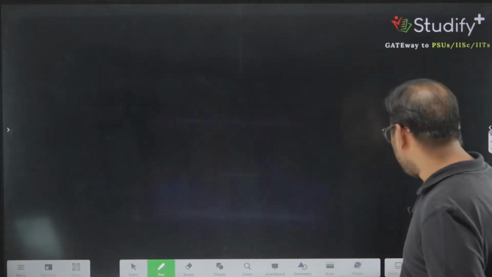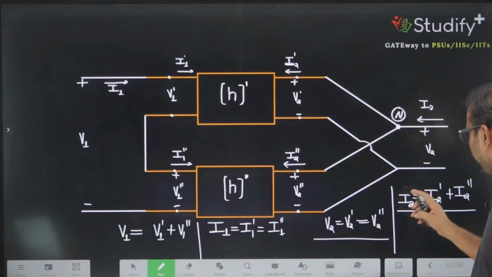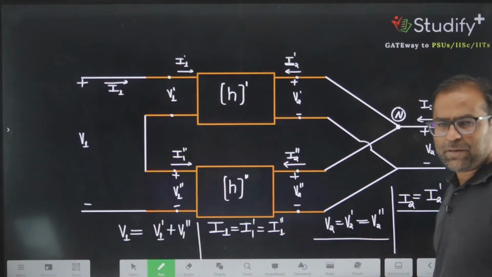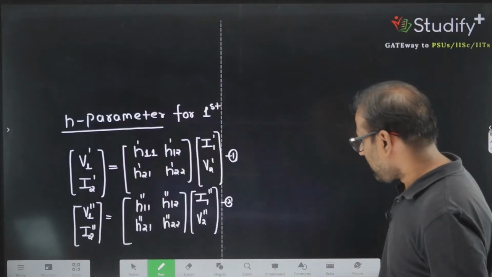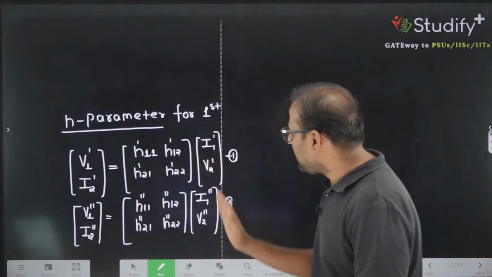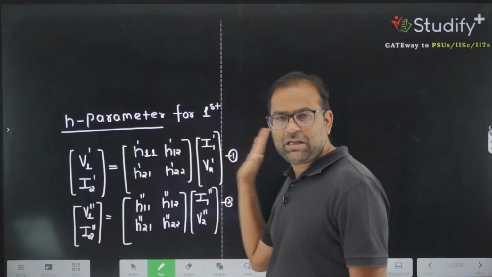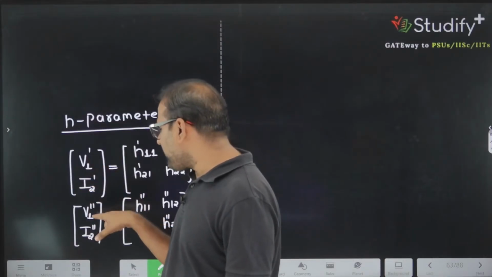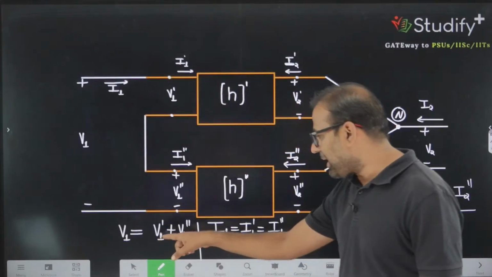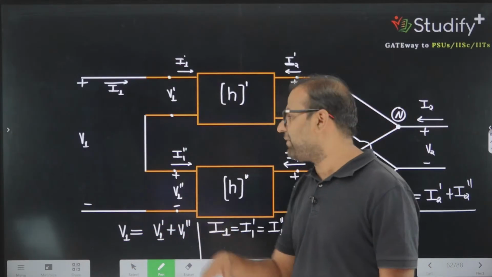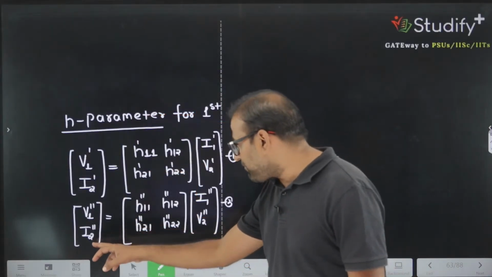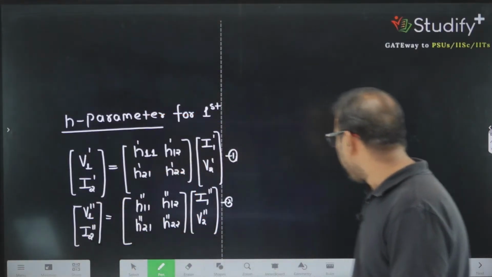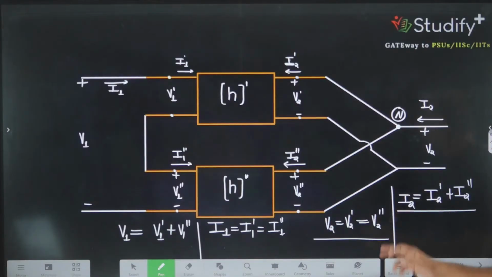V2 prime and V2 double prime are also same. If these two are same, I can take this 2 cross 1 matrix common. And when I add V1 prime plus V1 double prime, it represents V1, and I2 prime plus I2 double prime represents I2.